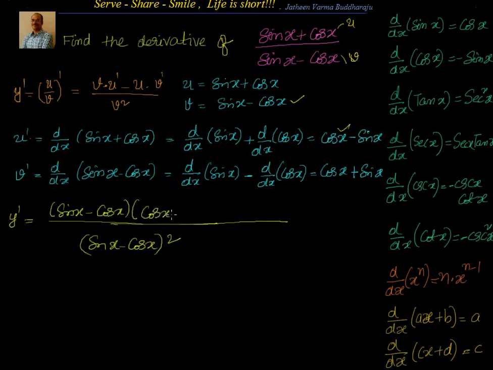I can write it as cos x minus sin x, minus of u into v dash. u is sin x plus cos x and v dash equal to cos x plus sin x. Can I write it as sin x plus cos x?